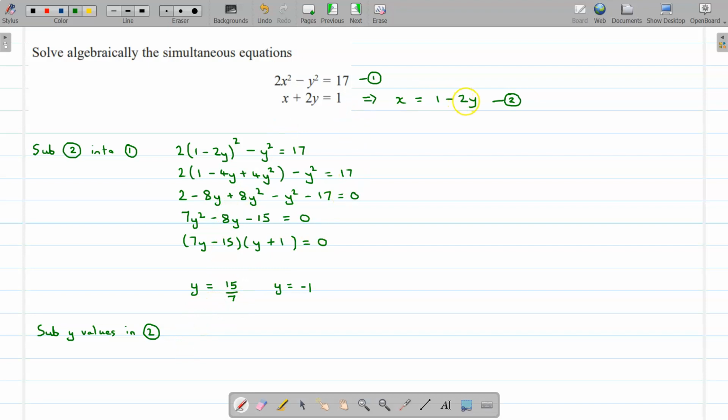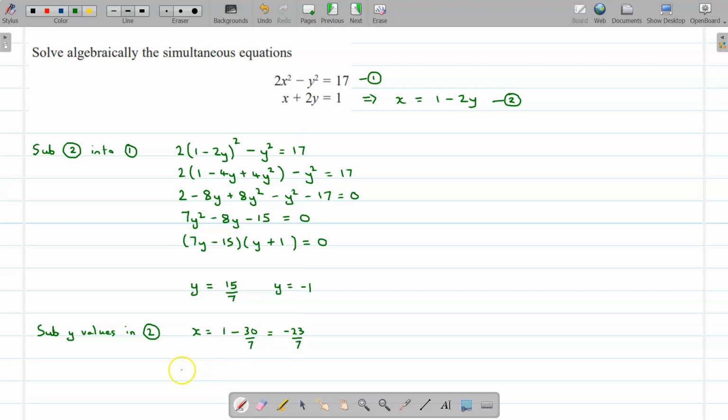So you always sub them into the linear one. So when y is 15 over 7, x equals 1 minus 30 over 7, which is equal to, well, it's 7 over 7 minus 30 over 7, which is going to be minus 23 over 7.